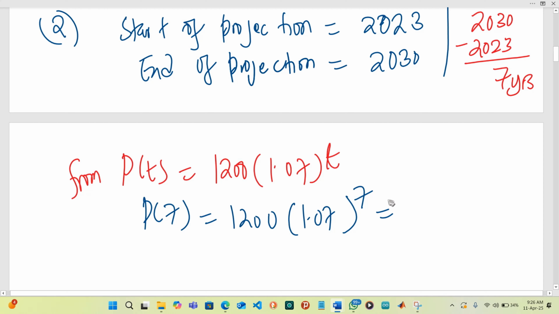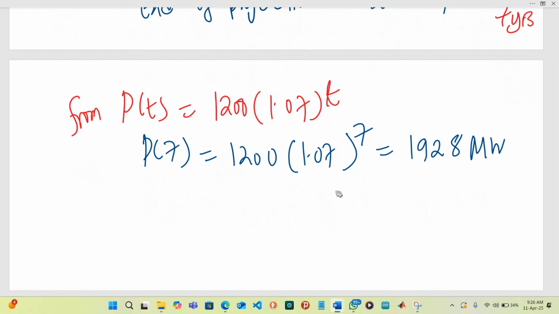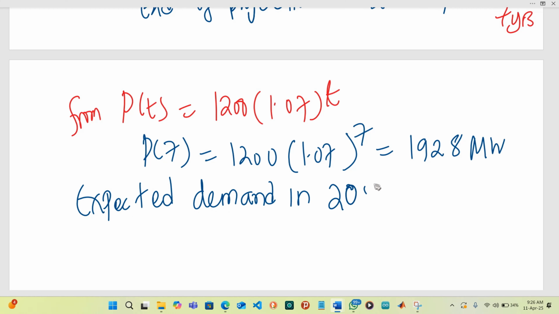And when we press on our calculator, this gives us 1,928 megawatts. Please remember the units. So the expected demand in 2030 will be 1,928 megawatts of power. Great.